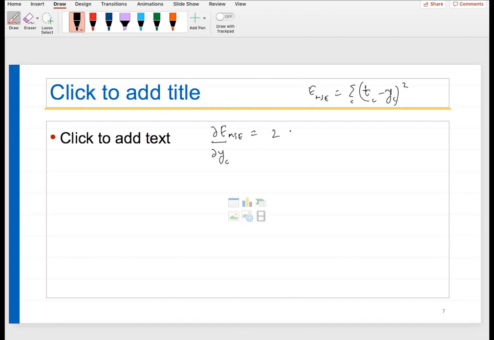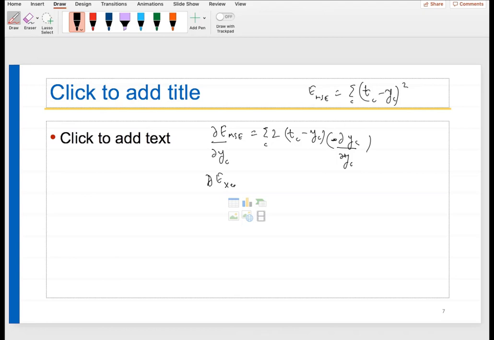Twice of TC minus YC, summation over all C, into dou YC upon dou YC, with a negative sign, right?